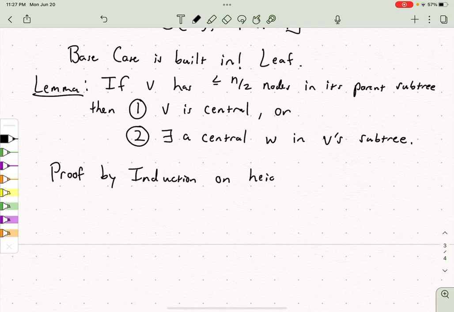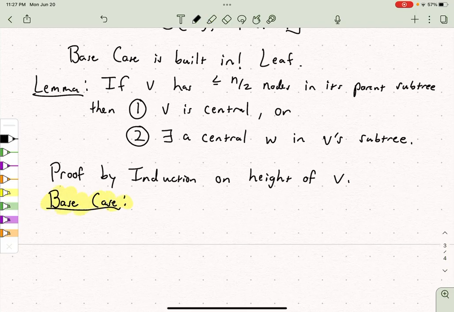Specifically, by induction on the height of node v. So the base case is when v is a leaf. Let's call the height h. When h equals 0, v is a leaf. And we know leaves can never be central vertices.